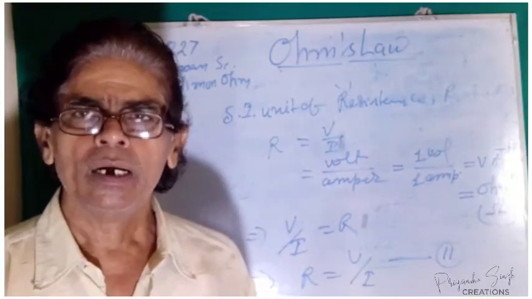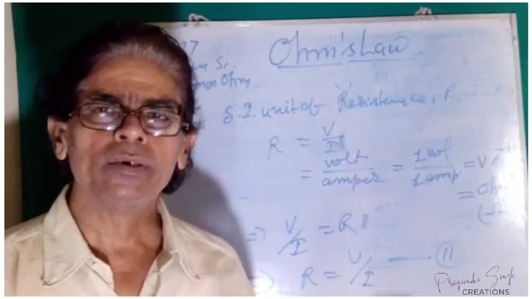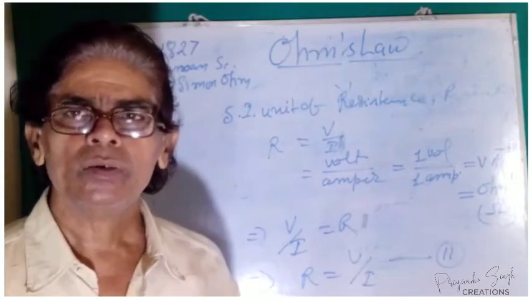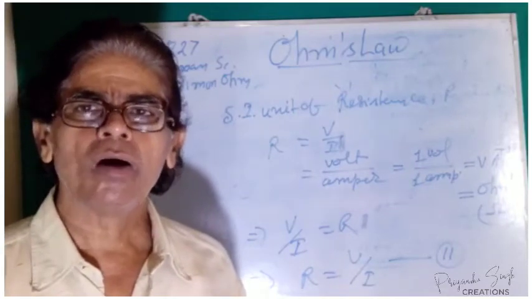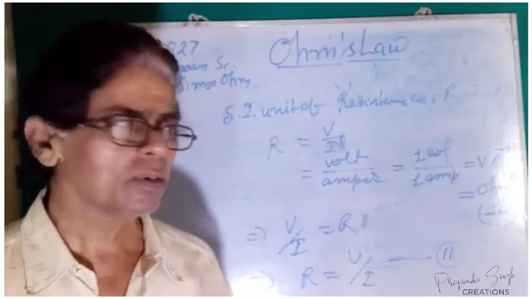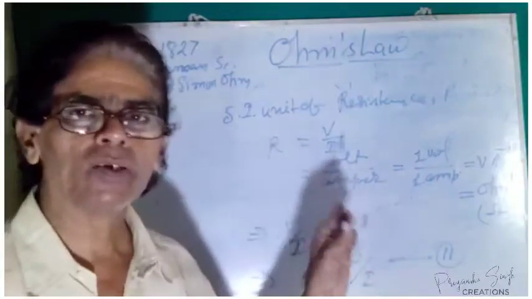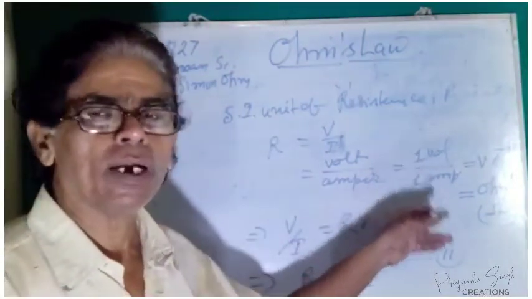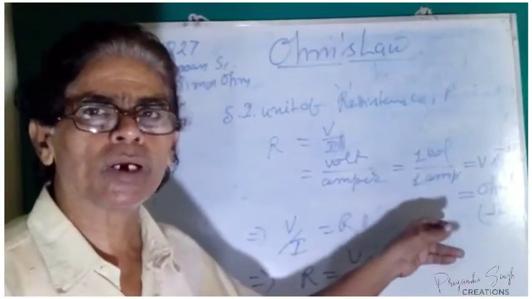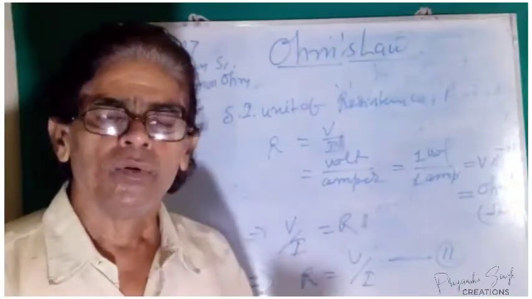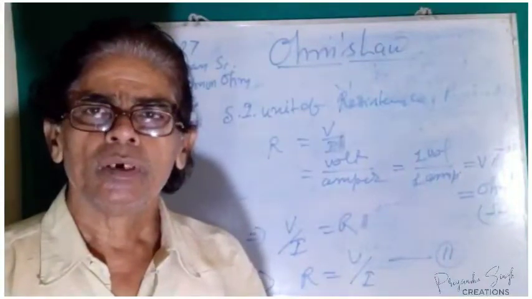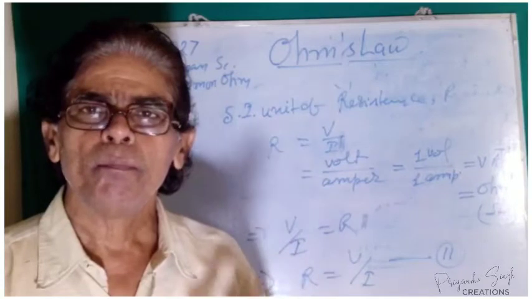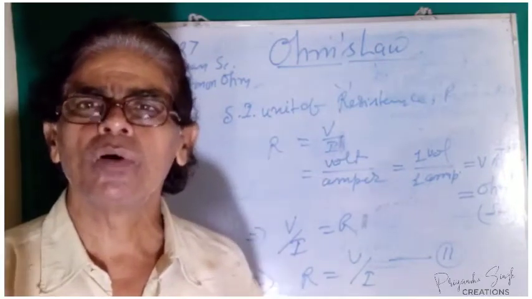So what is the SI unit? That is ohm, and how can it be defined, or what is its significance? The physical significance of 1 ohm is that when a current of 1 ampere is passing through the conductor whose terminals have a PD, potential difference, of 1 volt.